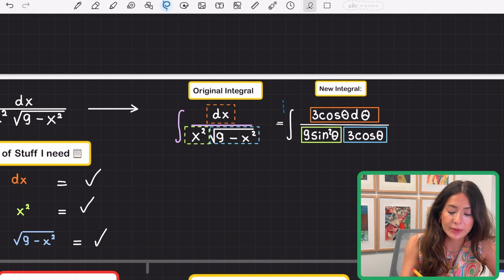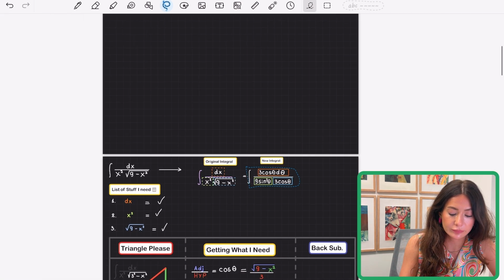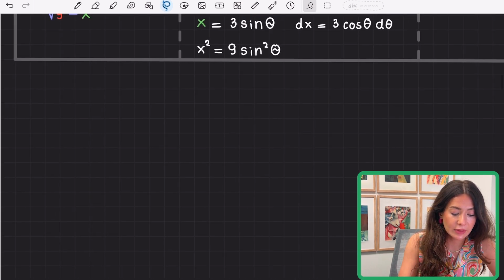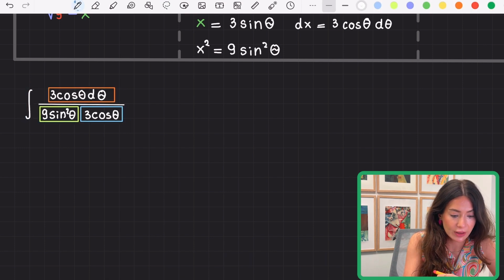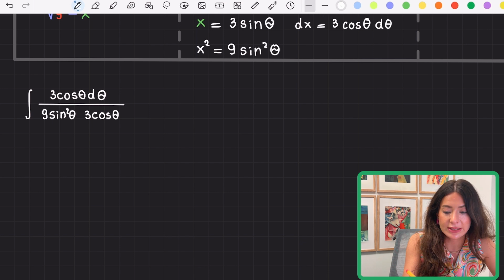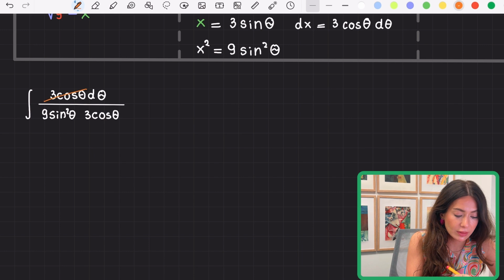Okay, let's copy this integral and solve it. Notice that I'm going to solve a d theta integral, which is the purpose of why we did all of this. And this is going to be such an easy integral to solve. These get canceled.